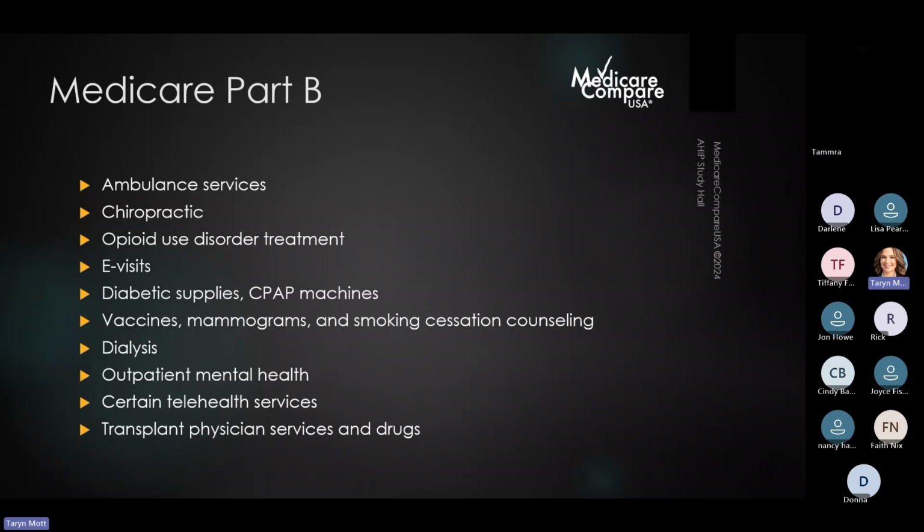Dialysis should have a copay. Outpatient mental health, certain telehealth services, transplant, physician services, and drugs. So if you only have Medicare Part B, after you pay your annual deductible, and you do not have a Medicare Advantage plan or a Medicare supplement, you'll be paying 20% of all of these until it ends. There is not a stop loss.